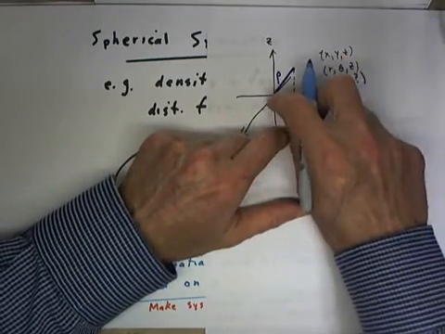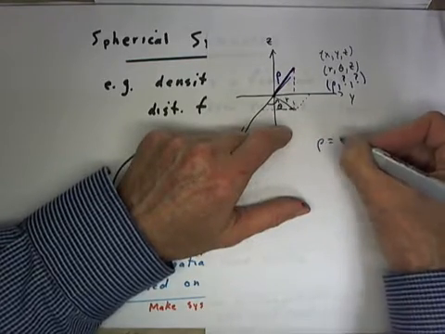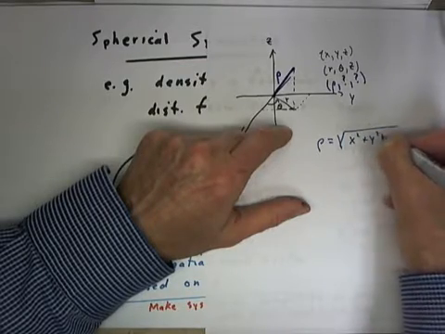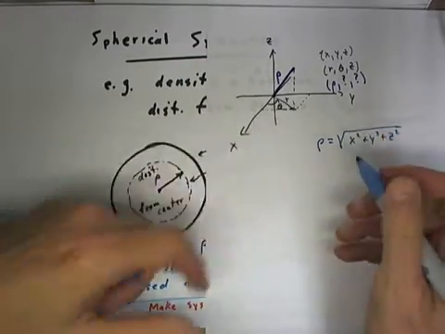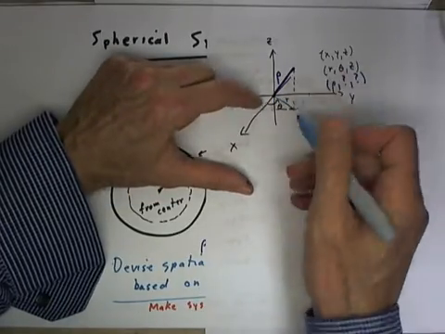First, rho is the distance between this point and the origin, and we know that distance to be the square root of x squared plus y squared plus z squared. In other words, x is here, y is here, z is here.